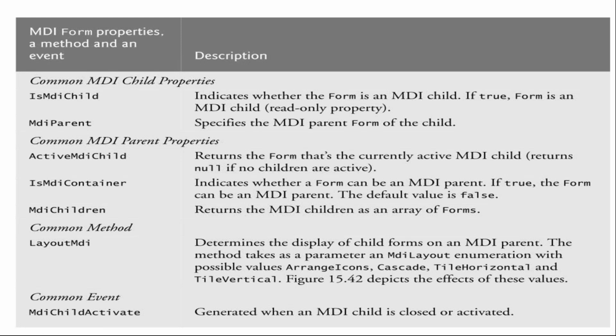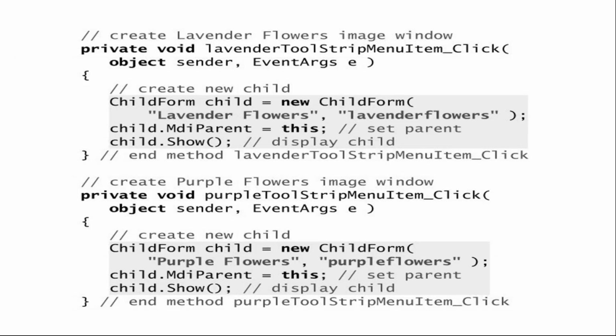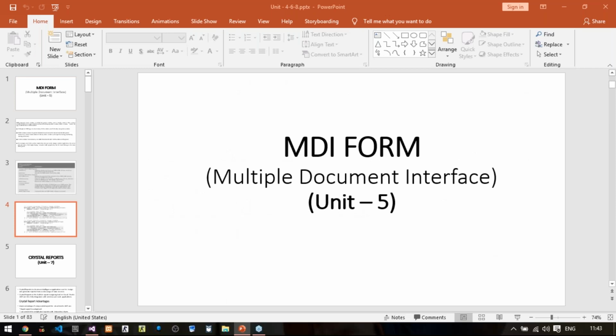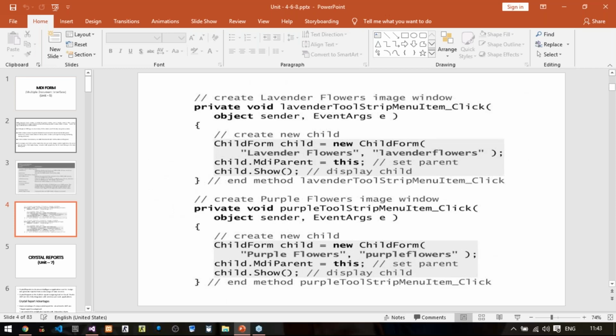Now, how to write the code? This is the sample code that you can see in the PPT, which I already shared with you in your e-content. I'm moving on to the code part directly. So I will come back to my Visual Studio. I will close all the forms right now.